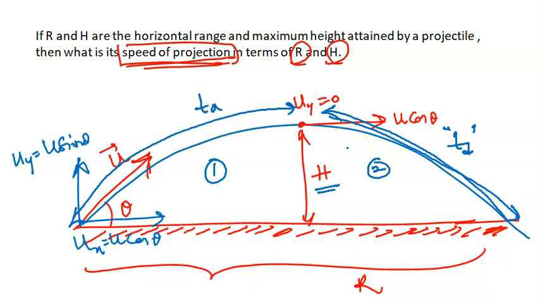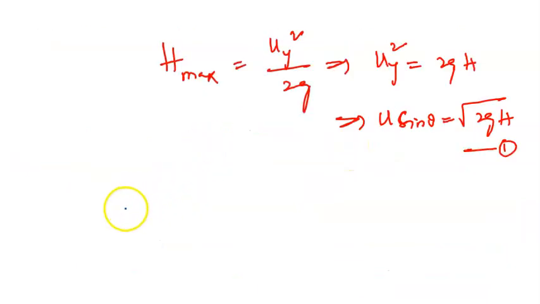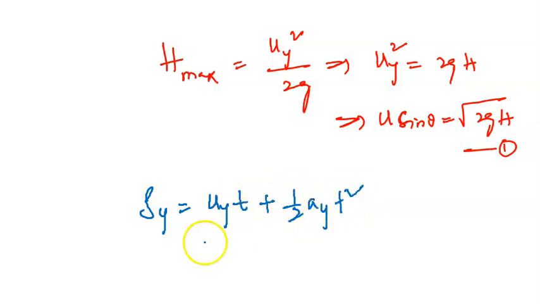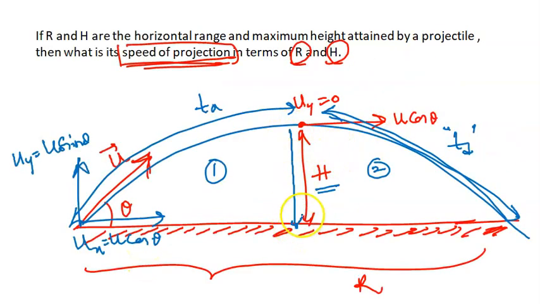Now I am applying the second equation of motion: Sy is equal to uy into t plus half ay into t square. As the displacement of the particle is downward, the vertical displacement is minus H, and the time of descent is half of the time of flight. Our intention is to calculate the time of flight in terms of H, so that the situation can be solved very easily.